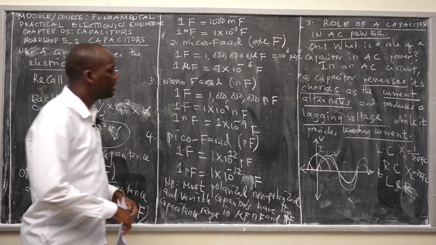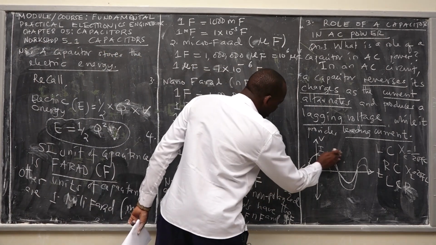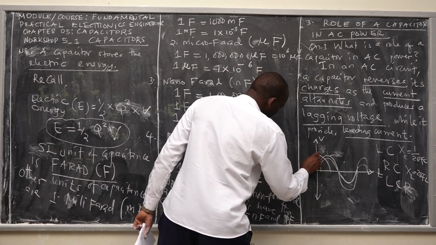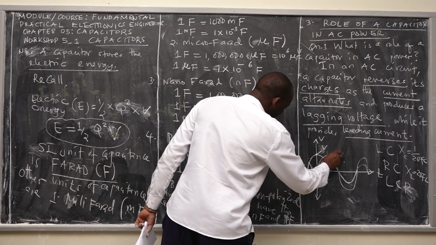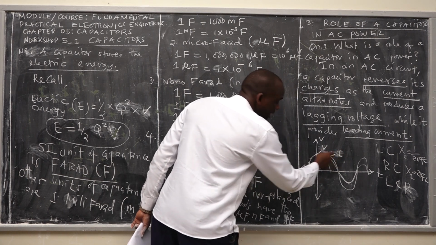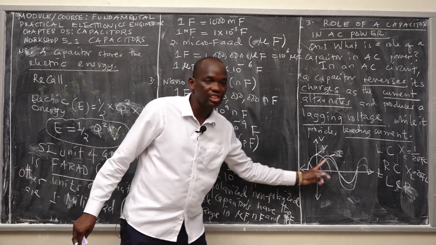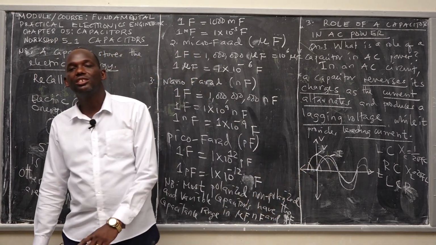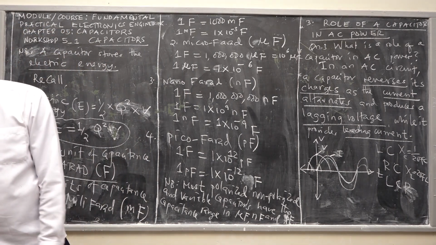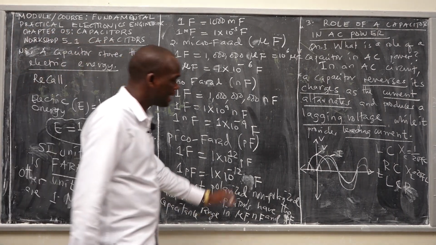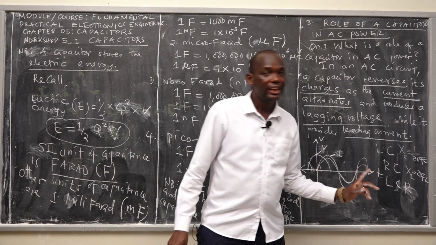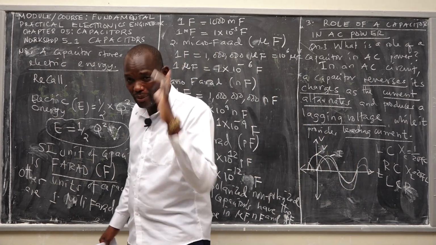What does it mean? If this is the AC voltage in the capacitor, and this is the AC current in the capacitor, it means that current is leading and voltage is lagging. Are we together?